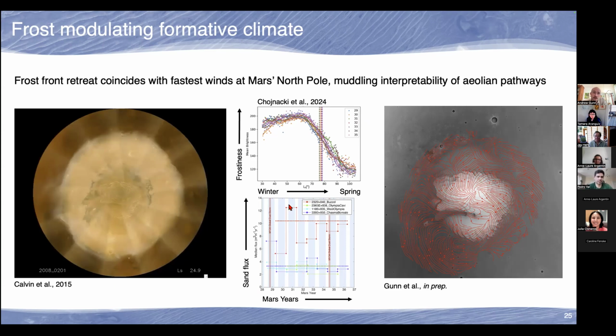There is a lot of interannual variability in the actual sand flux, and it can't be completely explained by a relatively consistent drop-off in the frostiness. It's probably more about the variability in the winds and the temperature of the pole, but it's not totally clear.